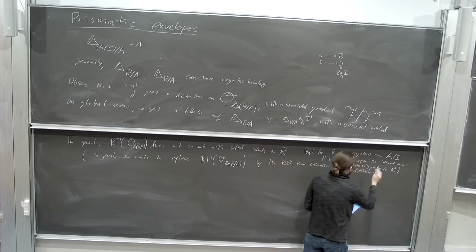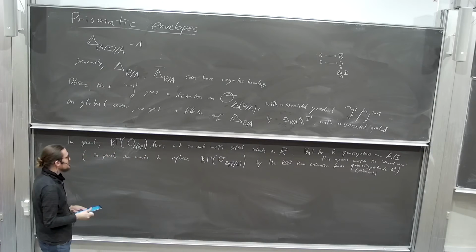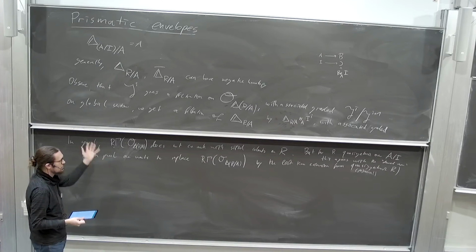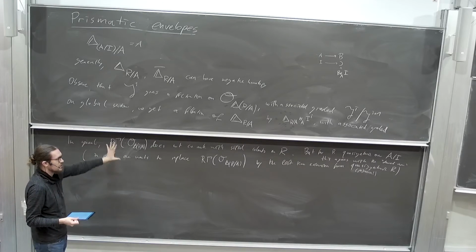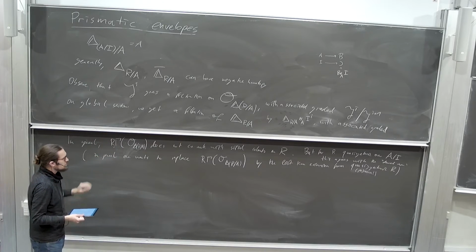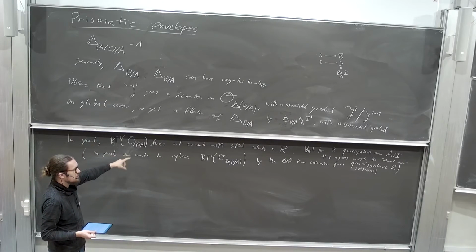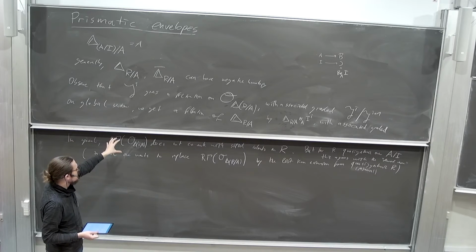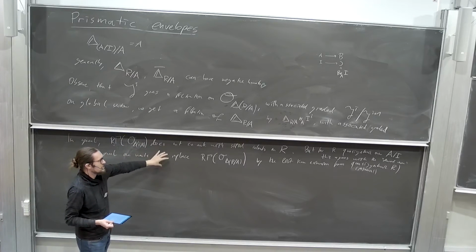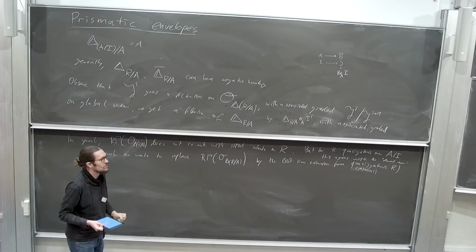Right. This is supposed to be like a minor technical caveat. In all the cases we will be looking at, we will be in this quasi-syntomic situation, and this derived thing agrees with this. And that also happens in the Bhatt-Scholze paper. At some point they point out that in full generality one wants to take this, but they don't introduce a separate symbol for that. Yeah.